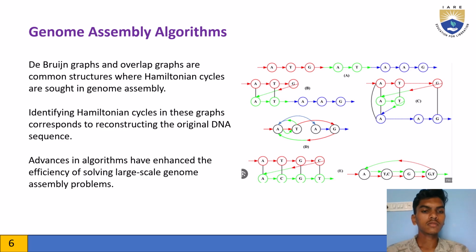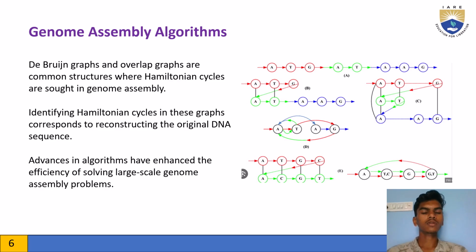Identifying Hamiltonian cycles in these graphs corresponds to reconstructing the original DNA sequence. Advances in algorithms have enhanced the efficiency to solve large-scale genome assembly problems. As you see the picture about the genome assembly algorithms.